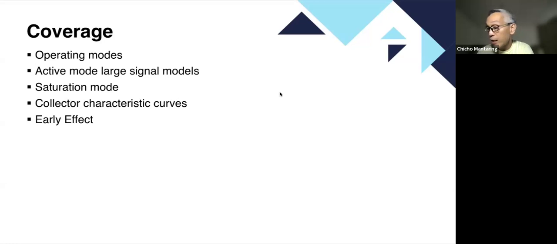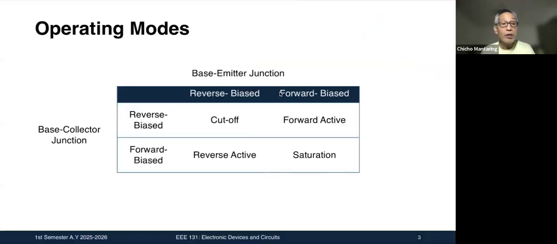Actually, these first 3 topics are really just a review. You took up some of these in EEE 123, and you also took some of these in topic 2 when we discussed BJT parameters. So you already know this. This has been pounded into you many, many times already.